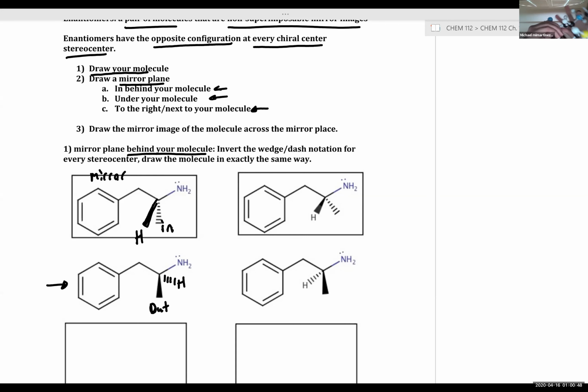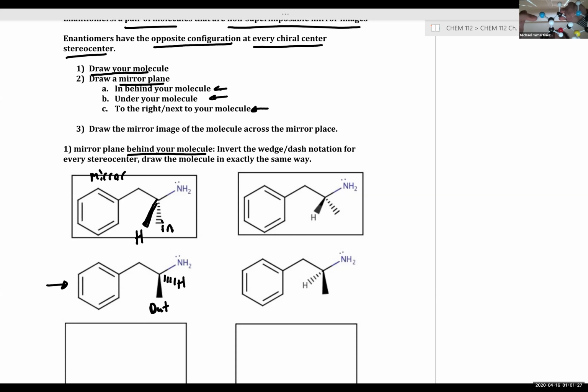Okay. So in your view, initially, we have our ring, okay? We have this methylene group, and we have our nitrogen atom. So initially, our methyl group is pointing out towards us. When we draw our mirror image, all we're going to do for the mirror image behind is swap the position of our out and in group.